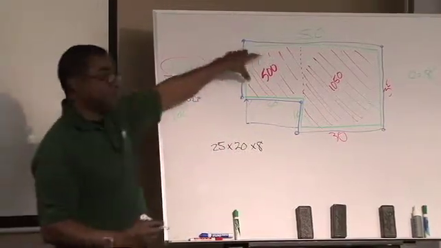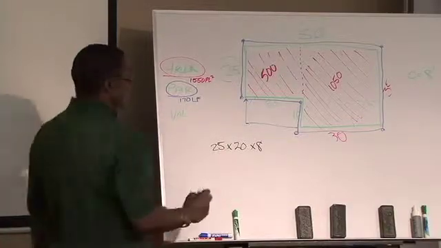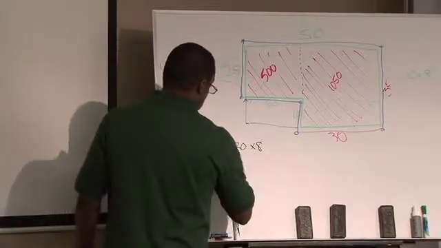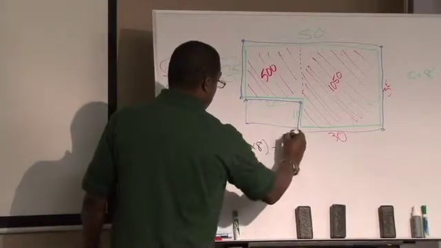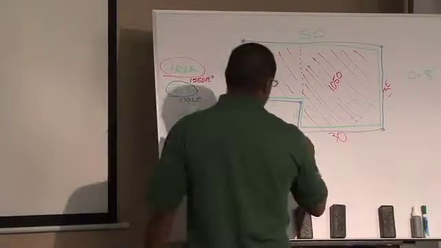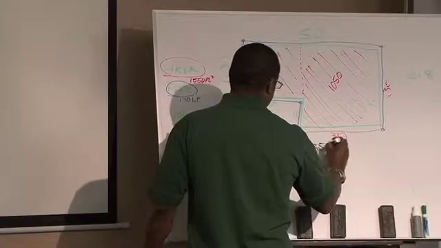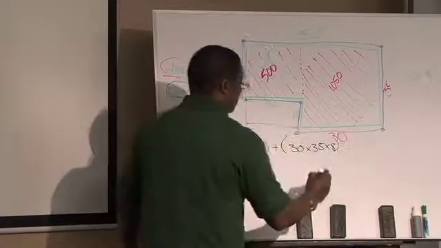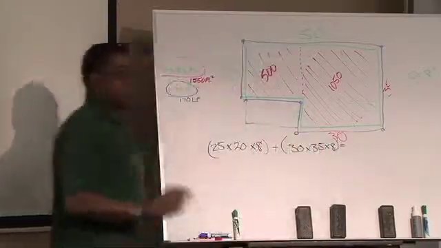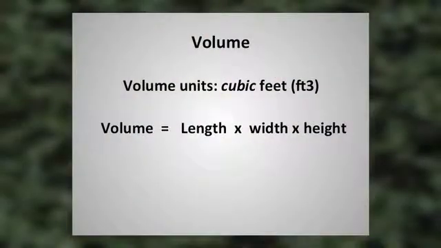That gives us the volume of this square. And then we add it to 30 times 35 times 8. That's one way to do it. If we did it that way, would that be correct? Yeah. Okay, so let's do it that way.